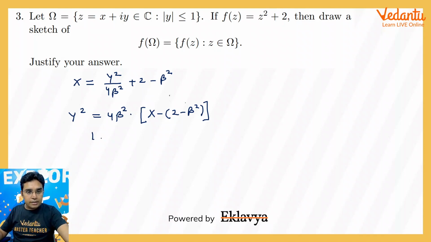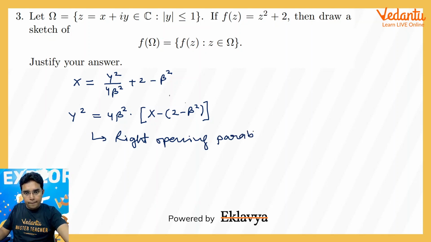So that's a standard parabola, a right opening parabola, in which you can see the length of the latus rectum is 4 beta square, and the vertex here is (2 minus beta square, 0).